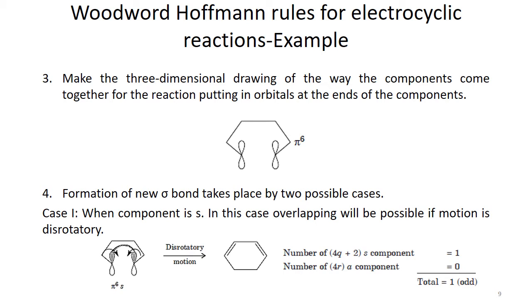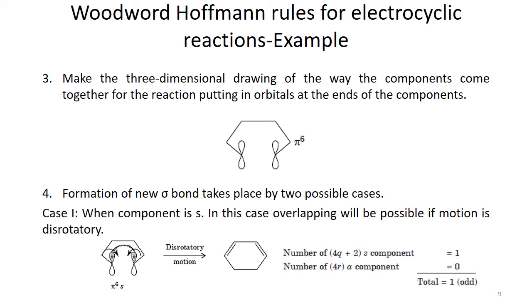It means the lobes on the same side interact, so to interact these two lobes, they have to move in opposite directions. That is, they undergo disrotation. We have already considered that disrotation for a pi 6 system, that is a 4n plus 2 system, is allowed thermally.